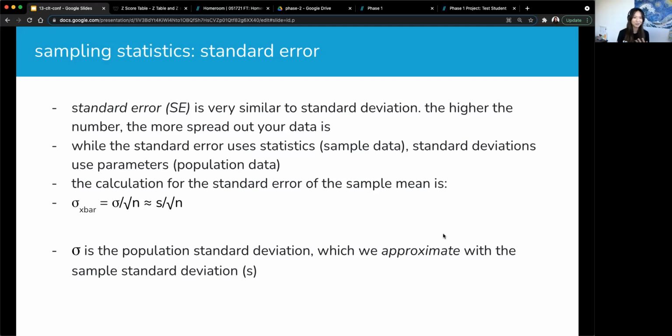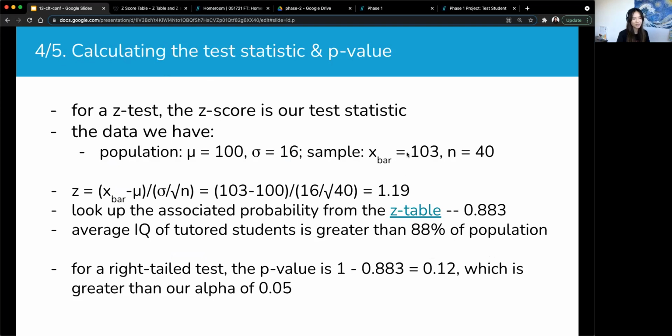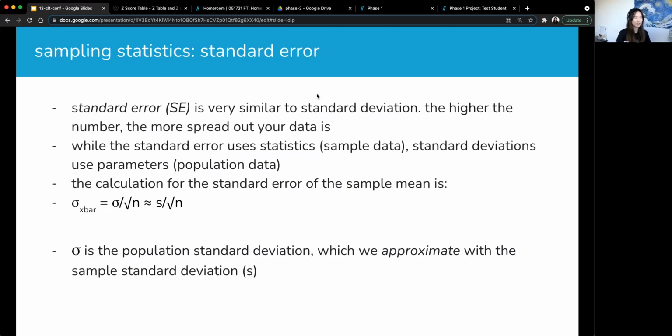But statistic is just another way of saying some sort of measure of a group of random variables. So a statistic that you use for samples, where before we had our sample mean, technically X bar is a statistic of our sample. So this next one that we're going to talk about is the standard error.